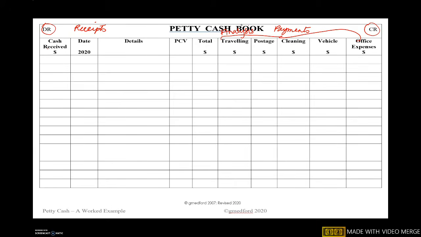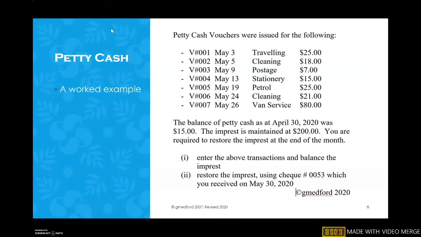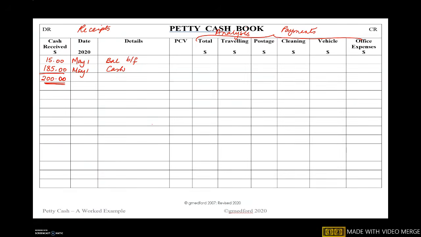So let's get started with recording information into the petty cash. We start with our balance of petty cash from the previous period, balance carried forward from April, and our new balance brought forward for May. If we look here, we are going to see the transaction has been recorded.